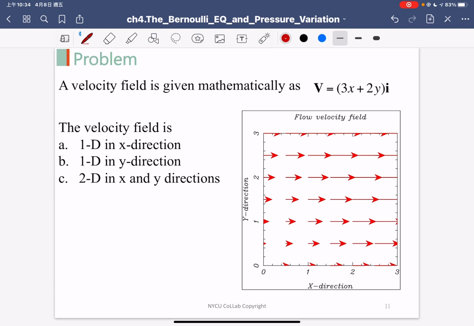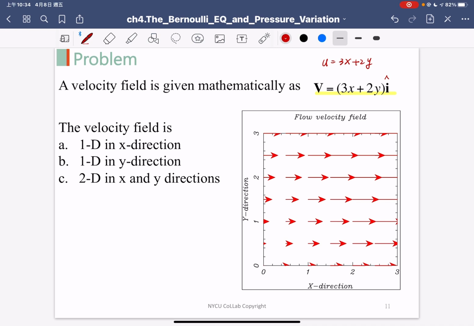So, as I already wrote down the equation shown here, this is the velocity vector, and the direction is only along the i direction. i is the x direction. And we know that U equals 3x plus 2y. Because there is no time information, right? There is no time variable in our velocity function.